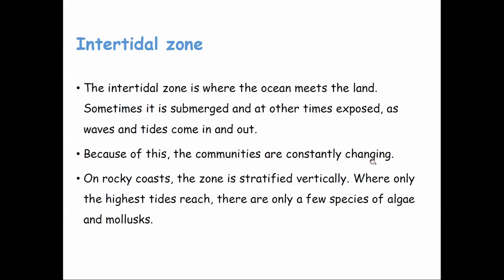Understood why the word is constantly changing? It's not permanent, because the wave and tide movement is not permanent. It is always moving, coming in and out, so that area can't have a constant community. Understood? Please respond.